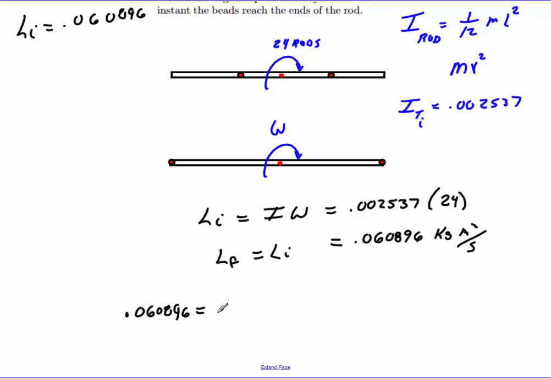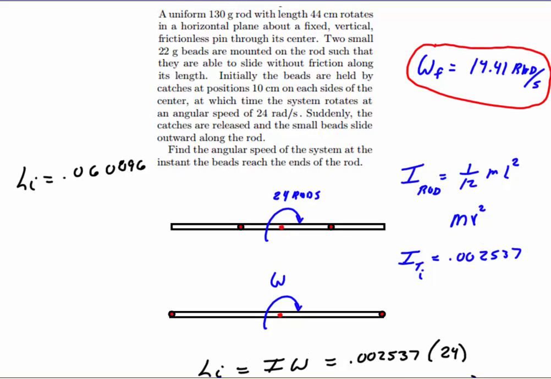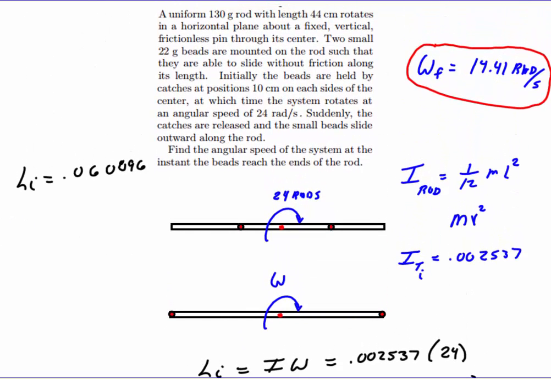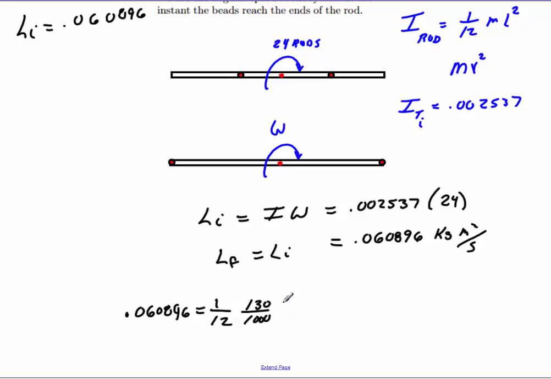0.060896 must equal my moment of inertia, which we'll calculate. You've got to go back and do 1/12 times the mass, which was 130 over 1,000, times its length, and it was 44.